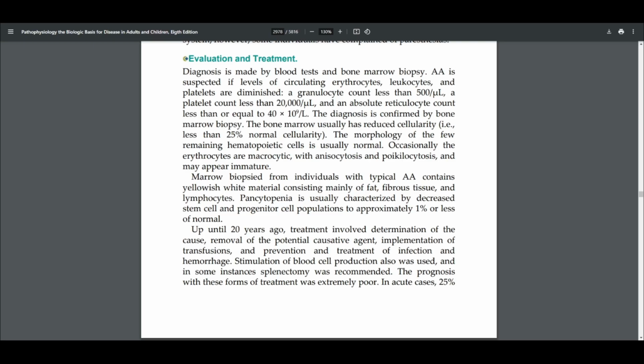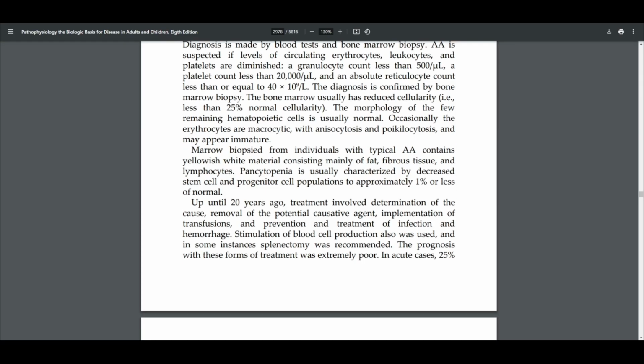Marrow biopsied from individuals with typical AA contains yellowish-white material, consisting mainly of fat, fibrous tissue, and lymphocytes. Pancytopenia is usually characterized by decreased stem cell and progenitor cell populations to about 1% or less of normal.